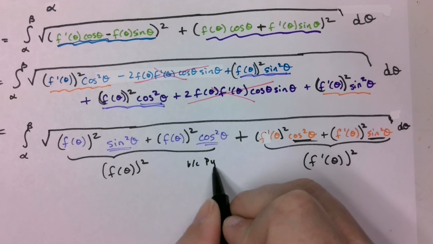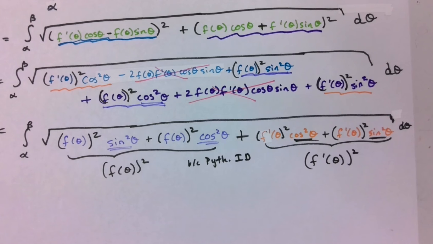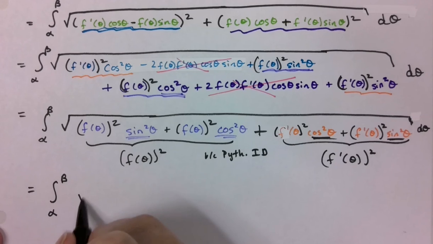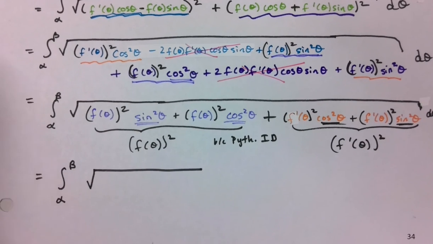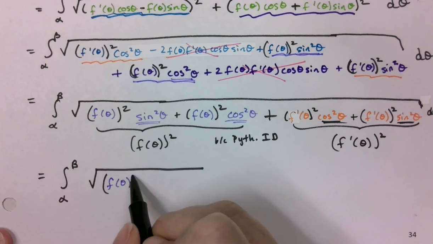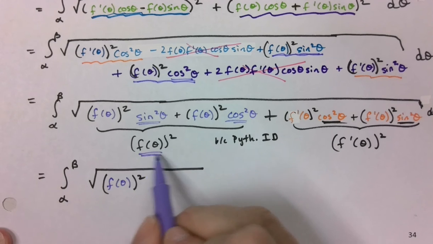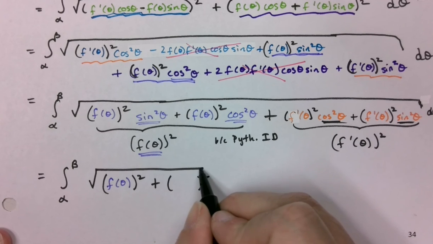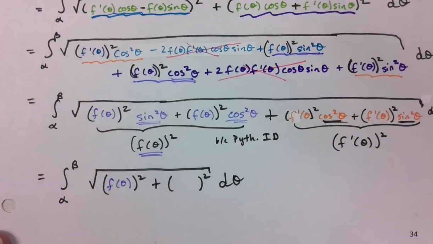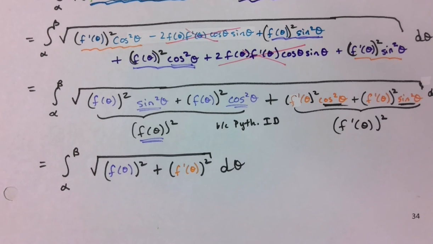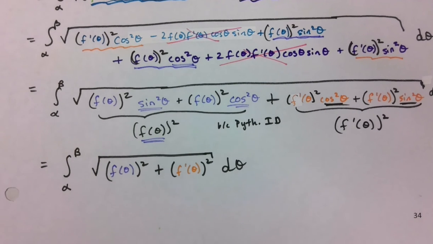So that means I'm taking my integral from alpha to beta square root of f of theta squared plus f prime of theta squared d theta. So we just proved the polar equation form that I'm about to give you works. This right here is arc length in polar form.